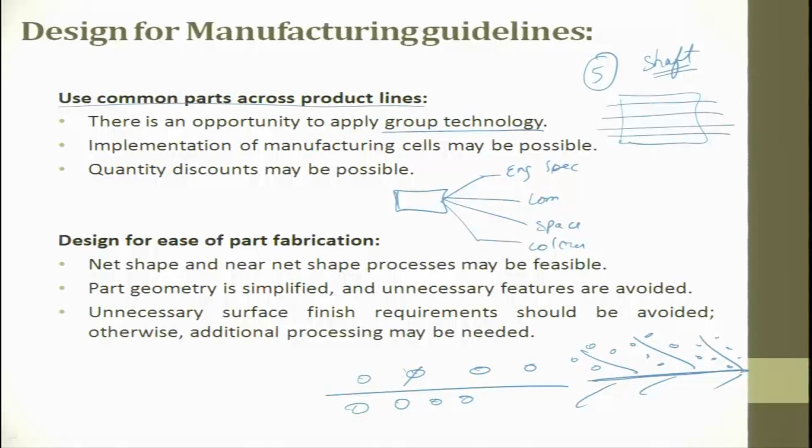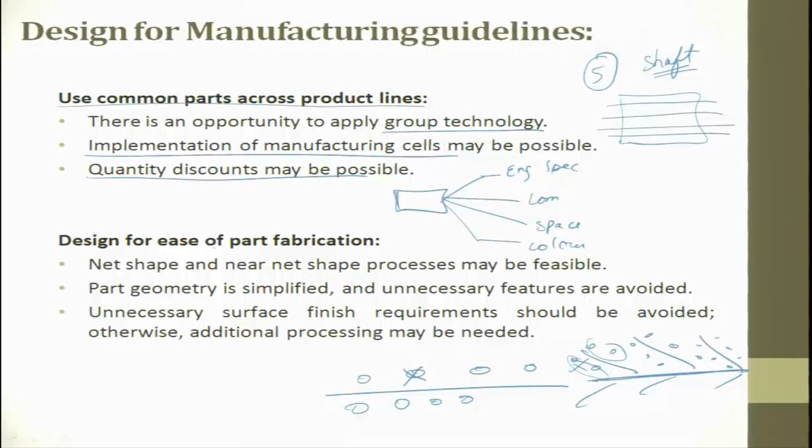So here if this machine or this station conks off, the conveyor comes to a standstill, but here I have different manufacturing cells. If one cell fails, only this conveyor fails, but the rest will keep producing. That is the implementation of manufacturing cells, and quantity discount is possible. So you produce more, you get a discount.